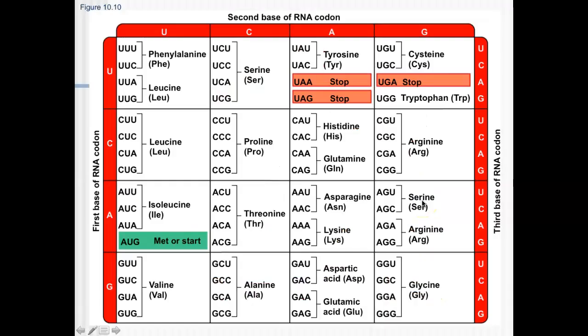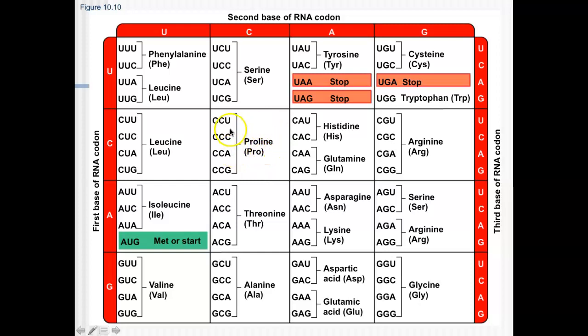So let's look at why, right? Remember there is this redundancy of the genetic code. So let's look at tyrosine. It turns out there's two codons that both code for tyrosine. So you can swap out that letter. It could be a U or it could be a C, and you could still code for tyrosine, and nothing changes about that protein.